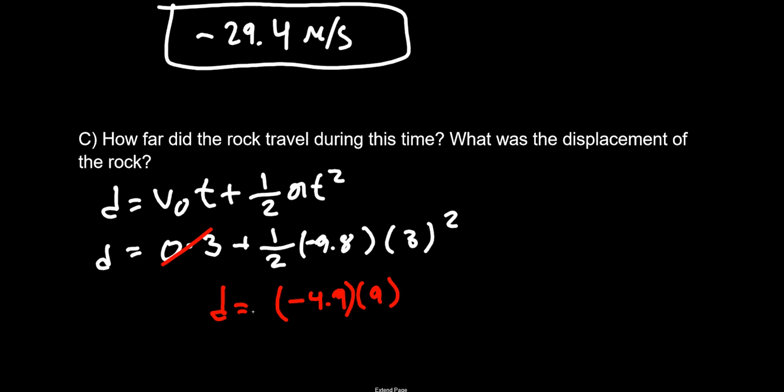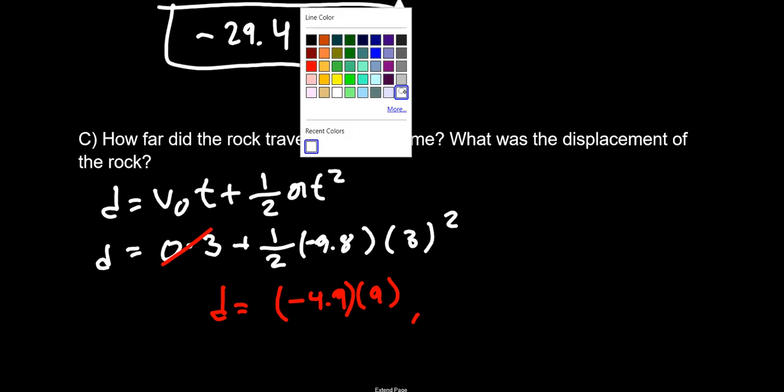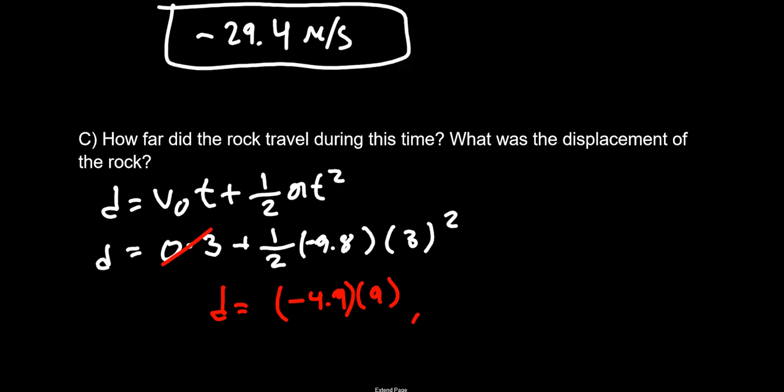When we multiply these numbers out, we get negative 44.1 meters.